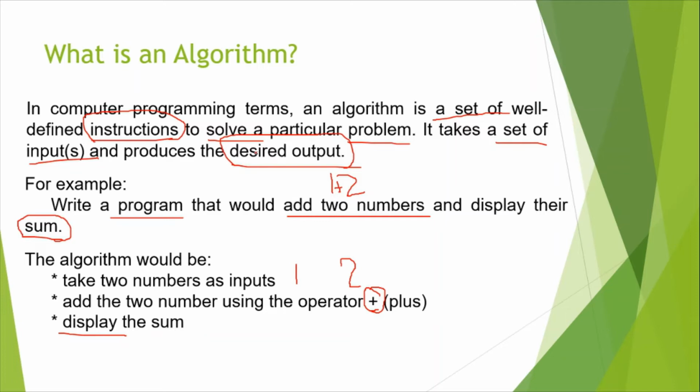So the desired output that we have mentioned here is the sum, and the inputs that we have up here are the two numbers. And the instructions: take the two numbers, add, and display.